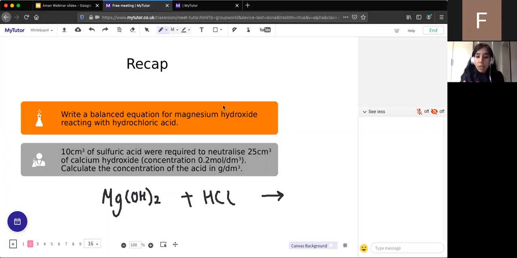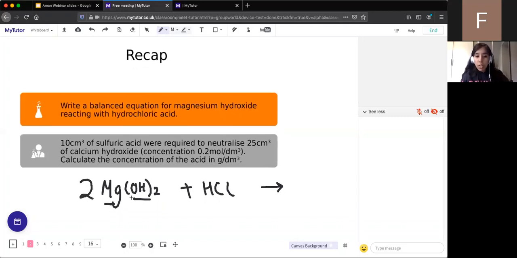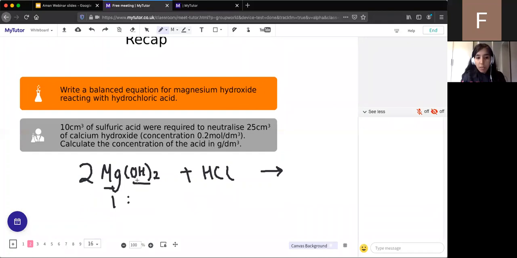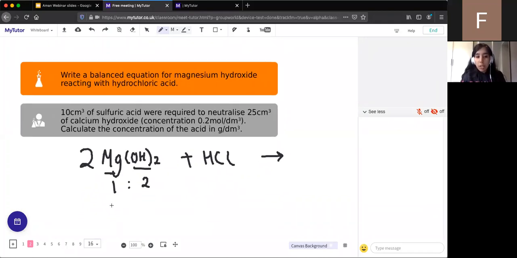Okay, so someone's asked a really good question. How do you know when to use brackets or to do a big number in front? When I've done magnesium hydroxide there, we know that that is one magnesium reacting with two hydroxide ions, so it's Mg(OH)2. If I put a big 2 in front, that means the ratio still stays the same, so it's still one magnesium to two hydroxides, but when I put a big 2 in front, it now changes the ratio to two magnesiums to four hydroxides.